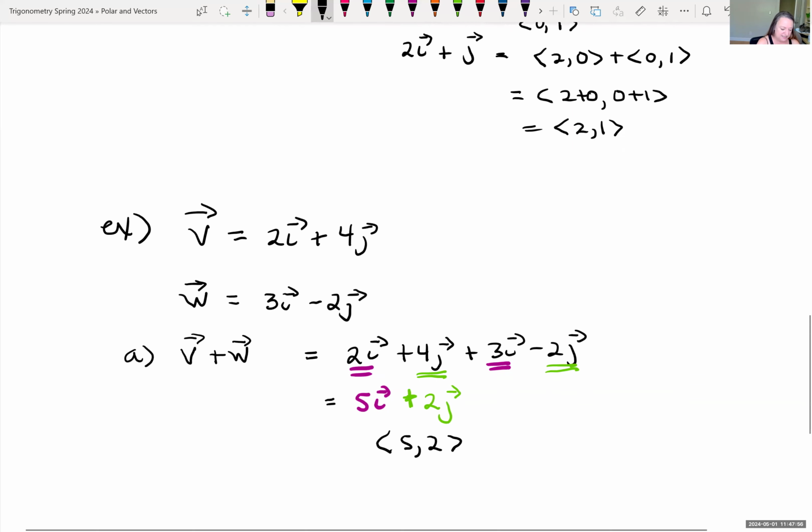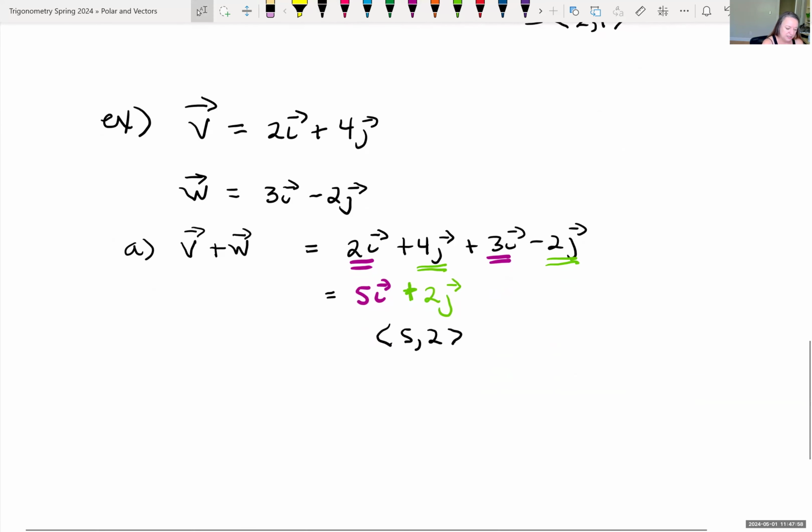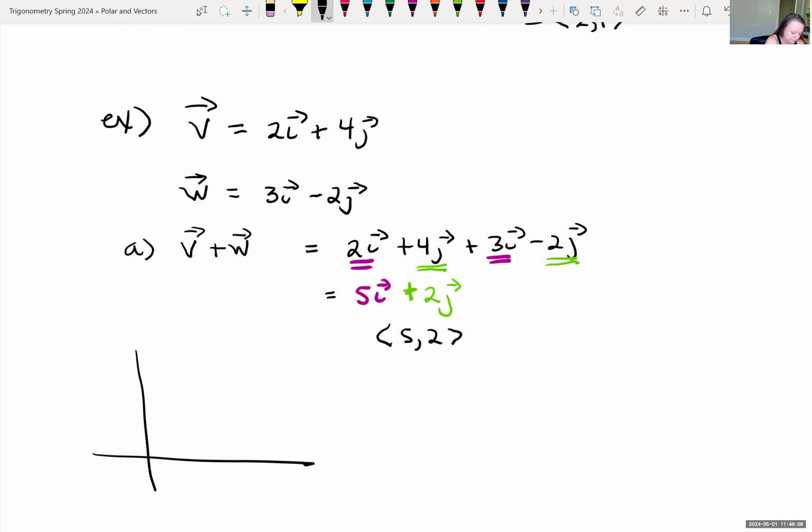Let's look at this really quickly. Let's look at V and let's look at W, and then let's look at the resultant of adding them. So if I looked at V, over 2, up 4, starting at the origin, this is V. If I look at W, W is over 3, down 2.